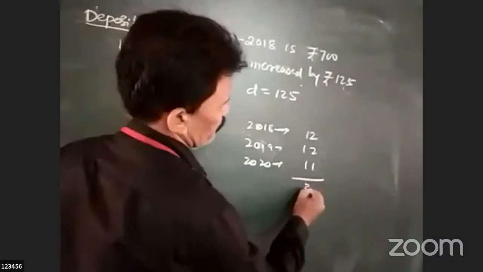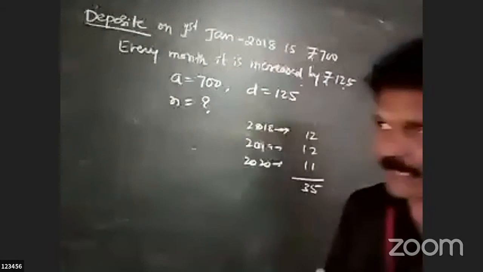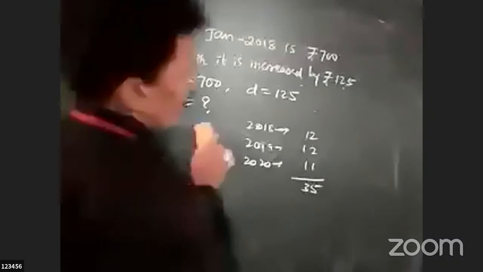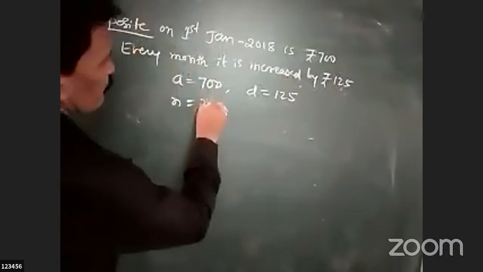So totally it becomes 35, not 25. 24 plus 11 will become 35. So n is equal to 35.